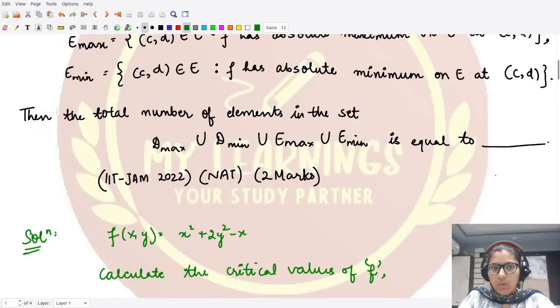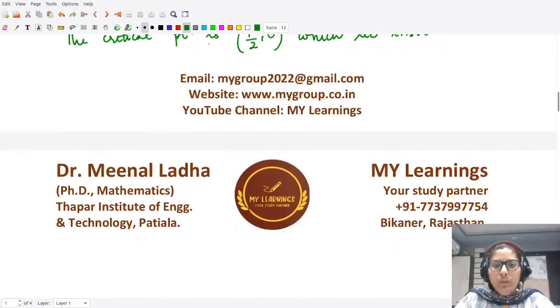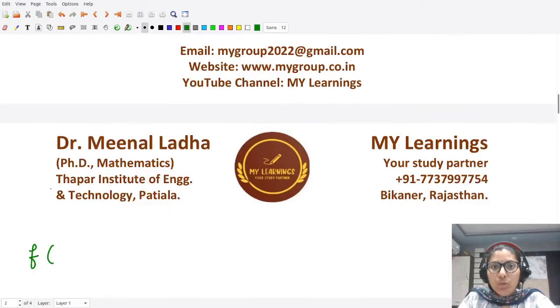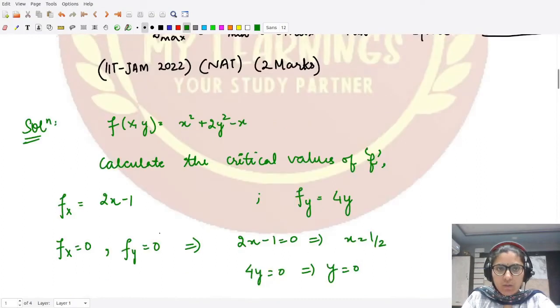Now once you have this critical point, what do we do next? We calculate our function's value at that point. So what would be f of 1 by 2 comma 0? We substitute x is equal to 1 by 2 and y is equal to 0 in the given function. What was our given function? x square plus 2y square minus x.